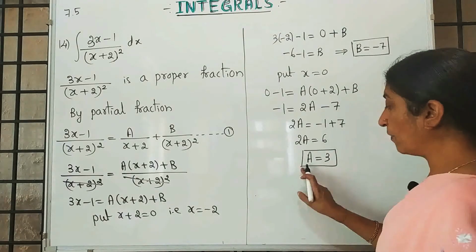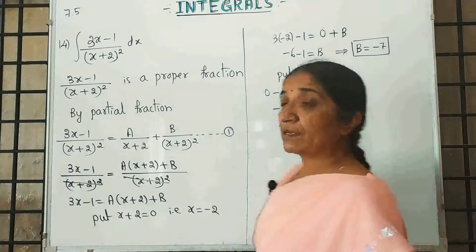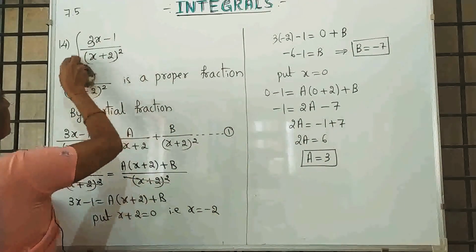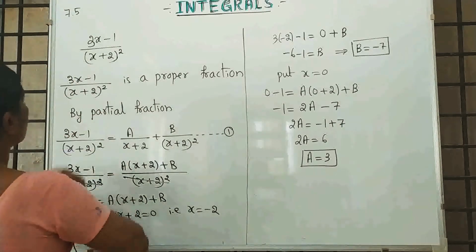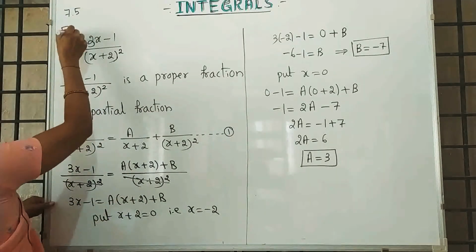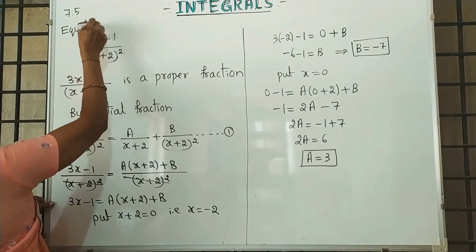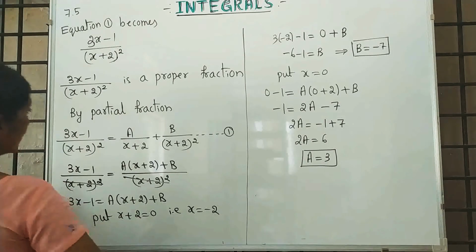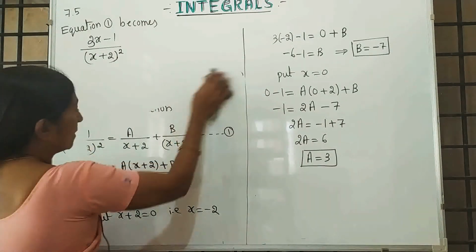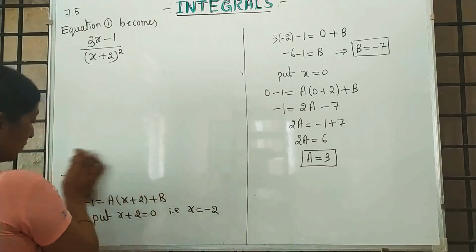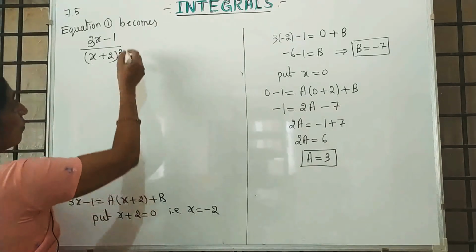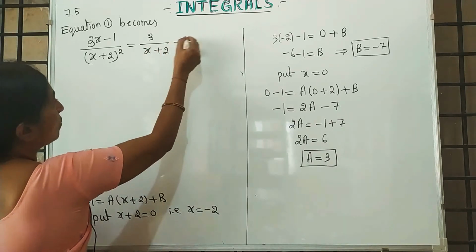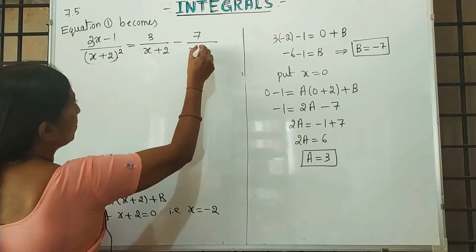Now write down these values in equation 1. So by substituting these values in equation 1, equation 1 becomes 3x minus 1 upon x plus 2 whole square is equal to 3 upon x plus 2 minus 7 upon x plus 2 whole square.